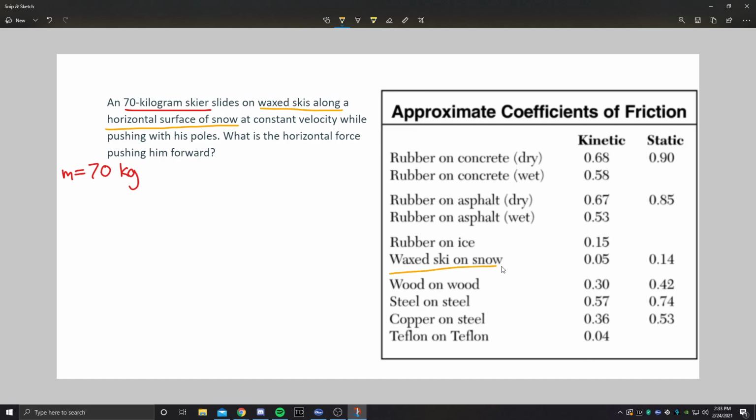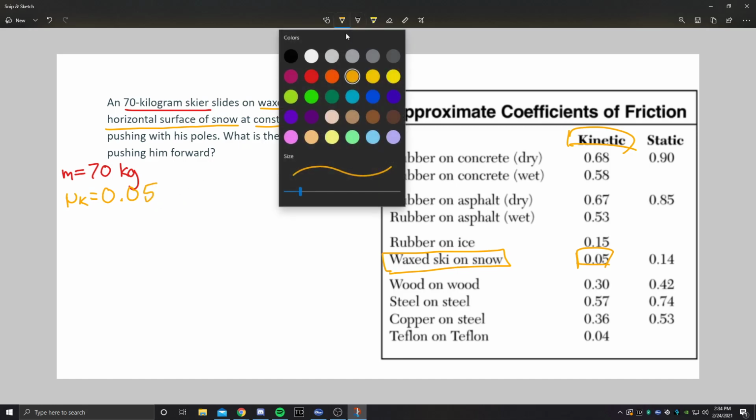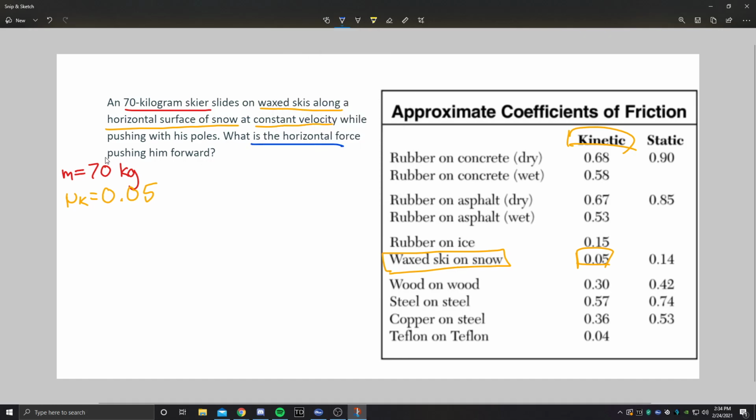So you know the person is moving, so you're dealing with kinetic friction here. So it's 0.05. What is the horizontal force required to push him forward at a constant velocity?